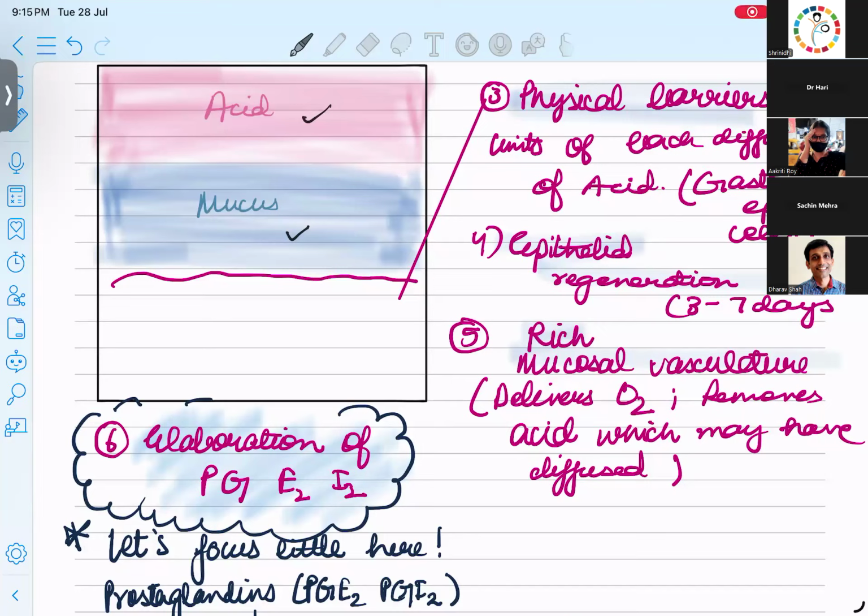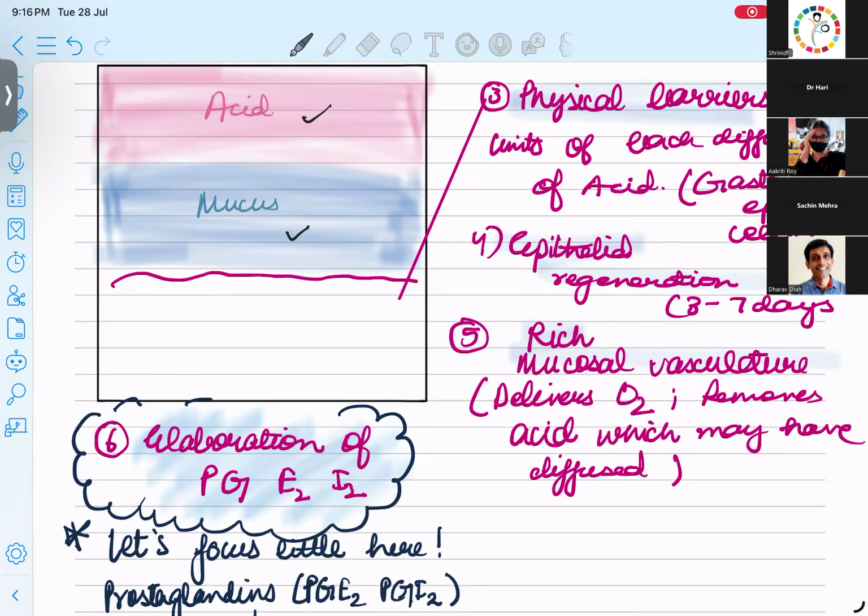So acid का diffusion अगर cells में हो भी जाता है, तो this is also prevented by rich mucosal vasculature. So mucosal vasculature, apart from delivering O2 to all the cells, also removes acid which may have diffused. So physical barriers and rich mucosal vasculature can work together.